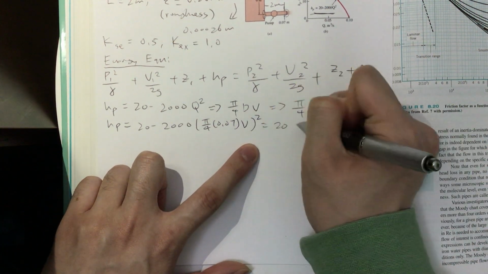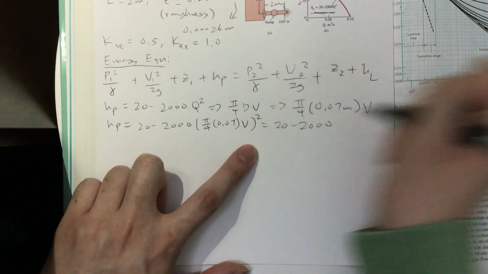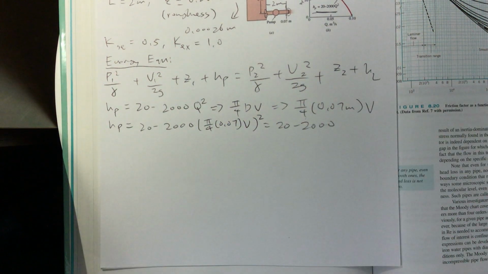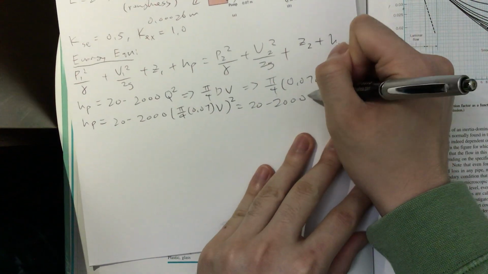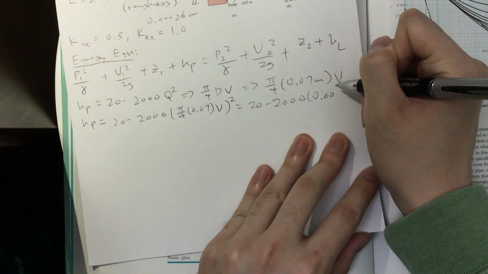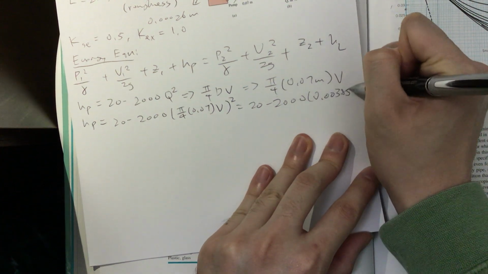You multiply pi over 4 times 0.07, and you get 0.00385.